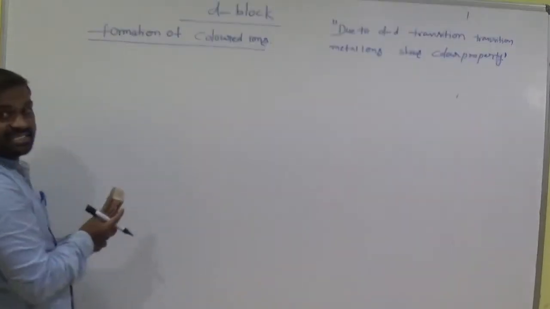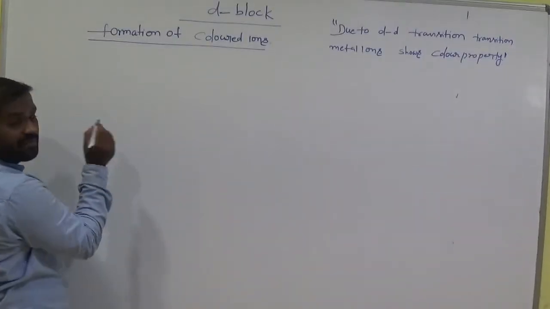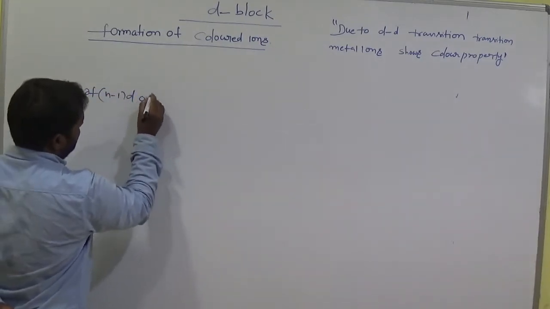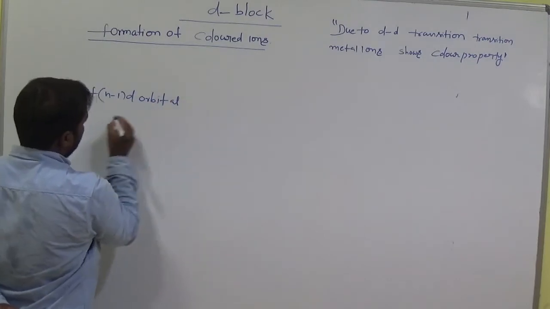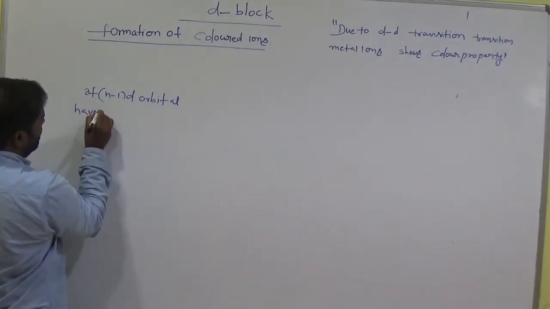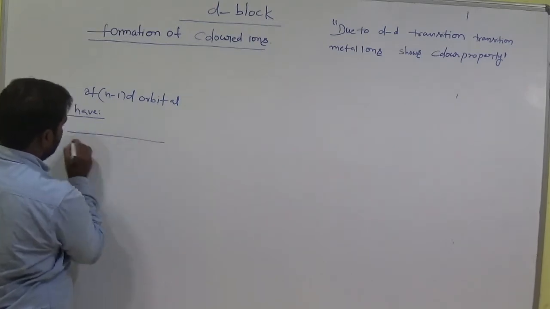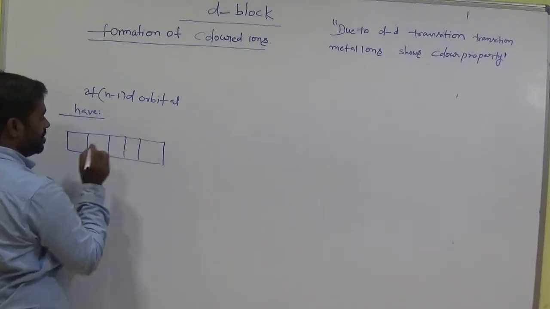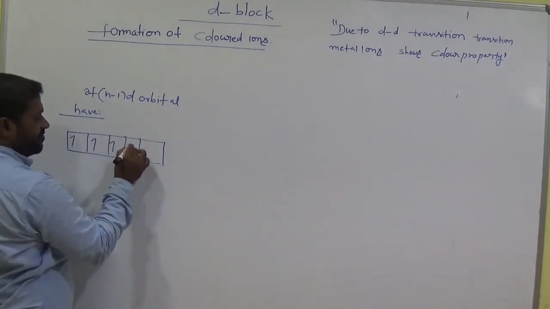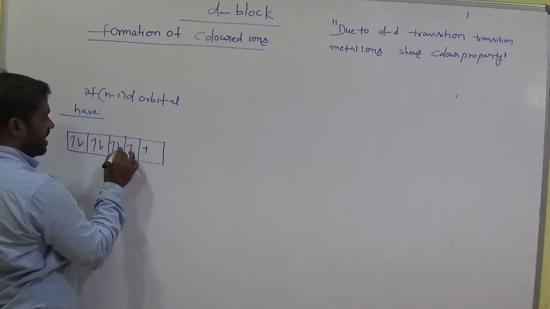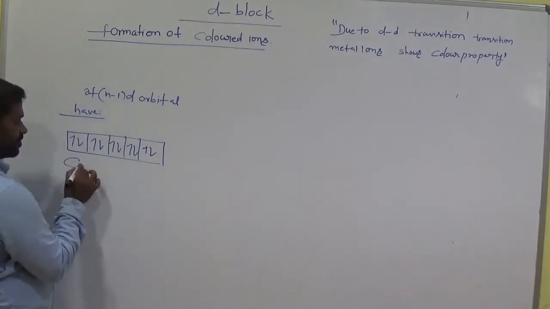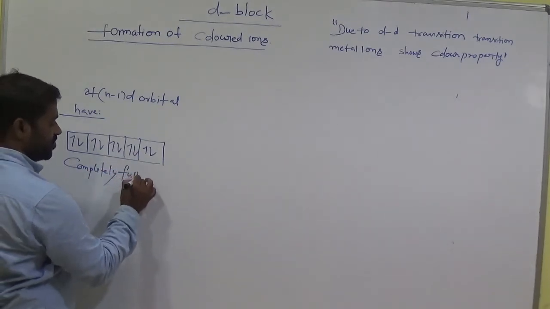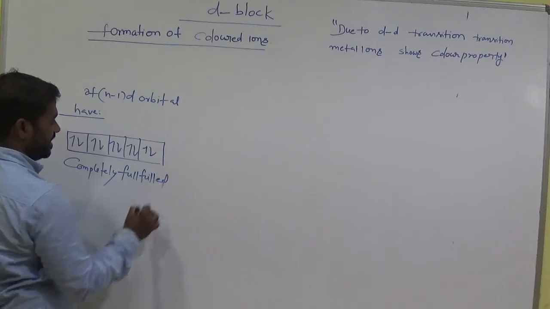Already we discussed that if the n minus 1 d orbital has 1, 2, 3, 4, 5, 6, 7, 8, 9, 10, a completely full-filled configuration of d orbital, am I right?